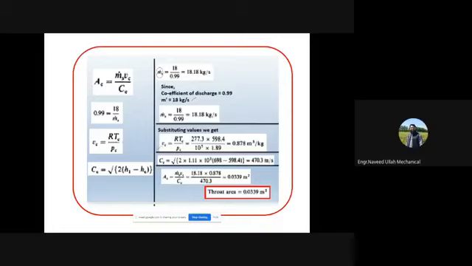So ultimately, if you use the same formula, you have m dot s, you have this and this, and you can find out the area at throat, that comes out to be 0.0339 square meter. ठीक है, ये थ्रोट एरिया आपके पास.